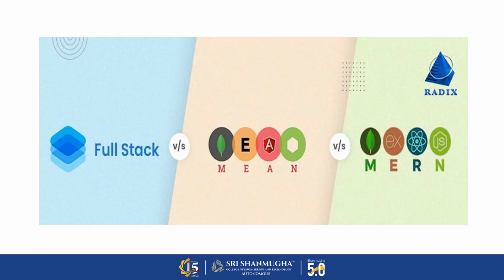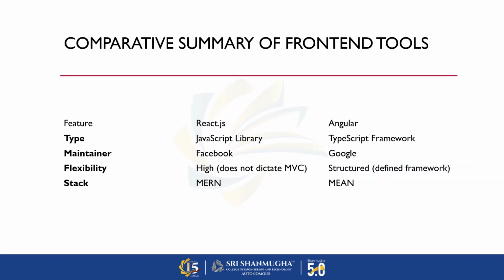Next, the difference between MEAN and MERN. The only difference is that in MEAN we use Angular, and in MERN we use React for the front end. The remaining are the same. The summary of front end tools.